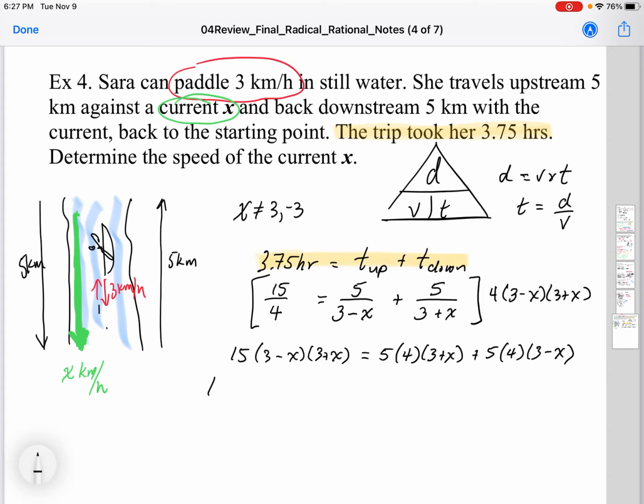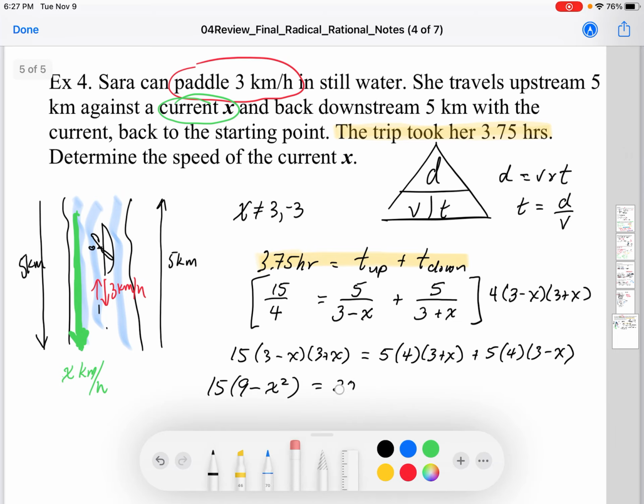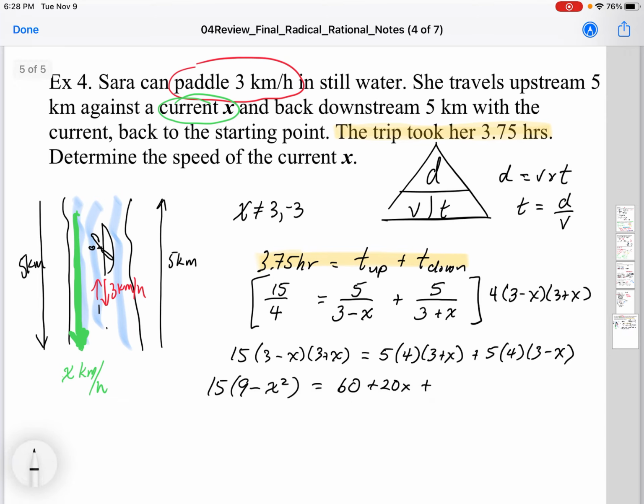So expanding this out, I'm going to expand the brackets first. These are conjugate pairs, so I get 9 minus x squared. Then I could just multiply the other part out. 5 times 4 times 3 is going to give us 60. 5 times 4 times x is going to give us 20x, plus 5 times 4 times 3 is going to give us 60 over here. And then 5 times 4 times negative x is going to give us minus 20x.